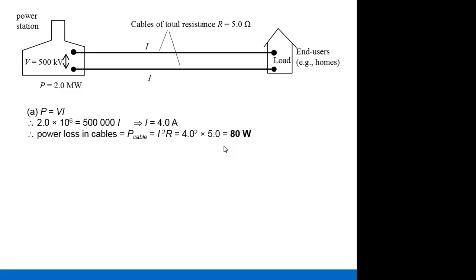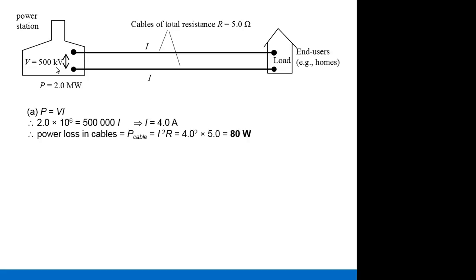Why? A lot of students ask me, why can't I use V squared over R? Can. But take out a calculator and try. A lot of the students use 500 kilovolts squared divided by R. And what do you get?